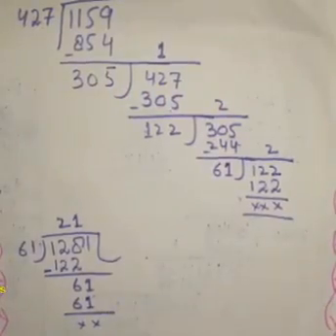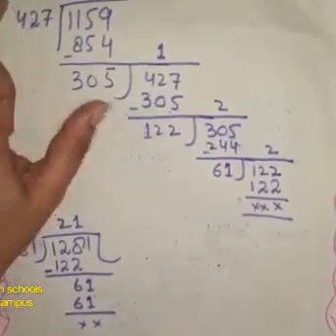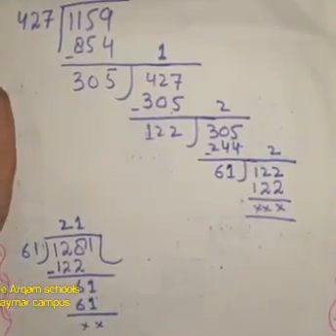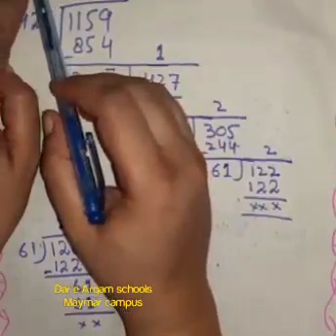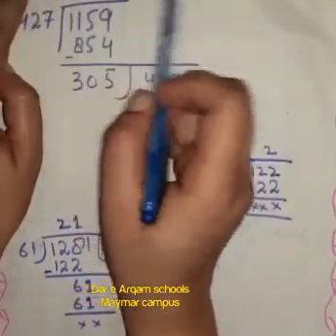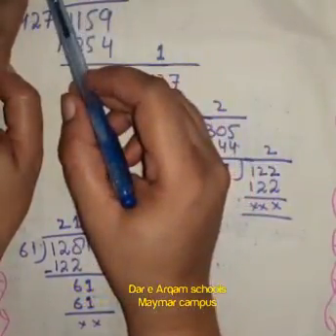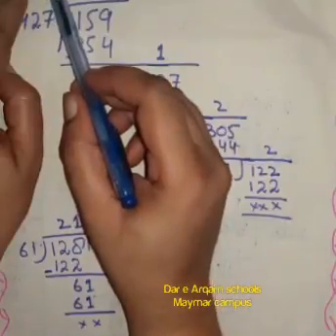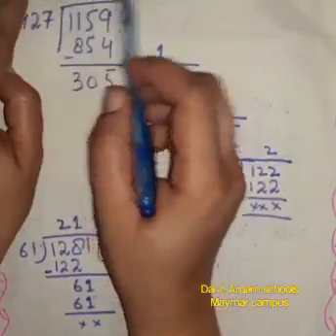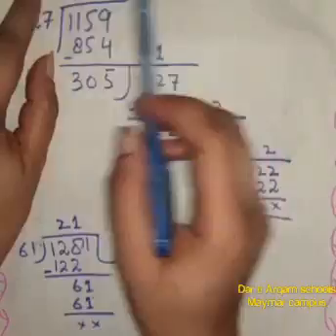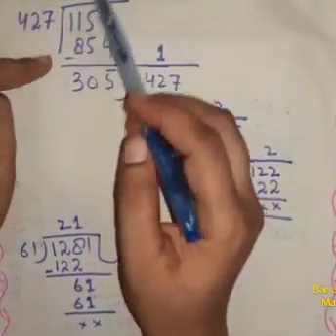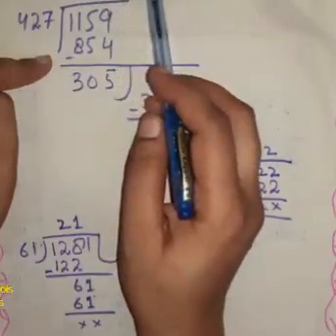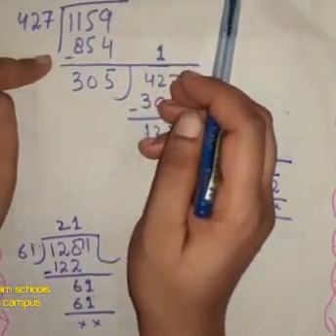Now students, to learn the HCF by division method, we will solve one more question. For this purpose, we have to take now 4 numbers. We will learn how to find the HCF of 4 numbers. For this purpose, you will take the smaller number first, then the next number, and at last the greater number.